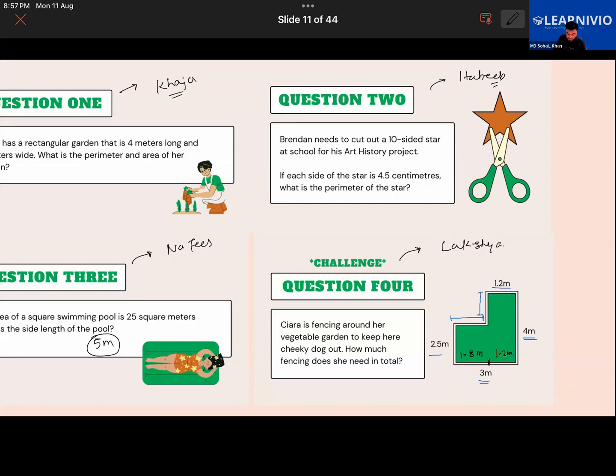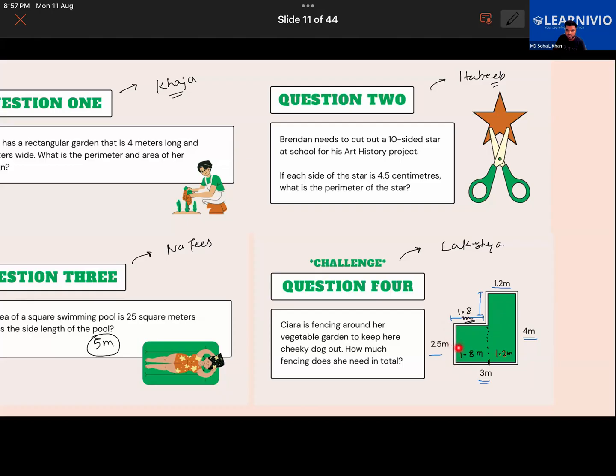This much is 1.2 meter, which we have matched from this side. So this is 1.8 meter. So this much is also going to be 1.8 meter now. Yes or no? Yes, sir. Okay.